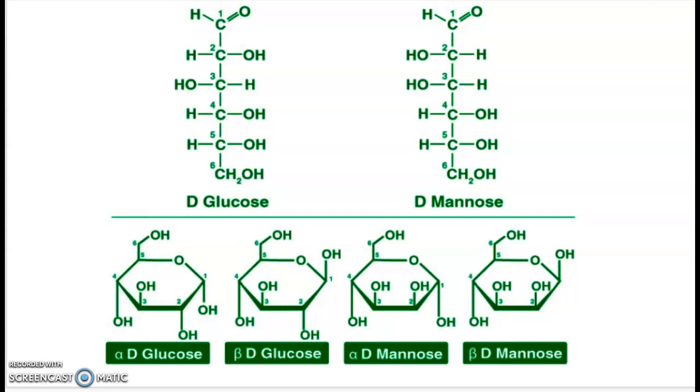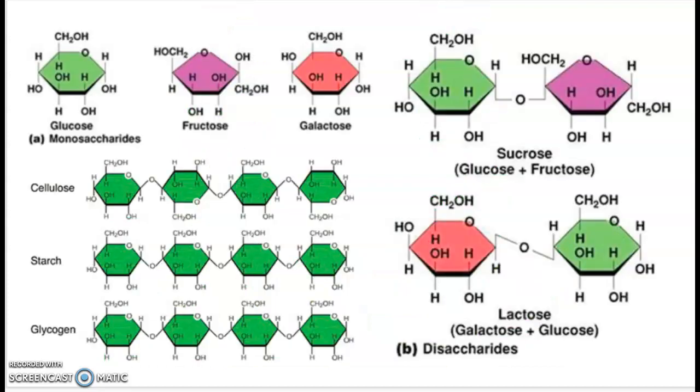So far, all of the carbohydrates we've looked at, all of these sugars, are monosaccharides. Mono meaning 1 and saccharide meaning sugar. So 1 sugars. We can also find other kinds of sugars in our everyday life. So on this slide, you can see glucose, fructose, and galactose on the top left.